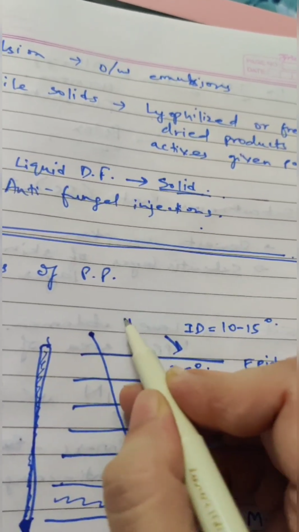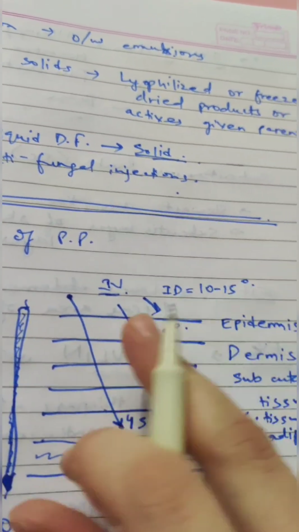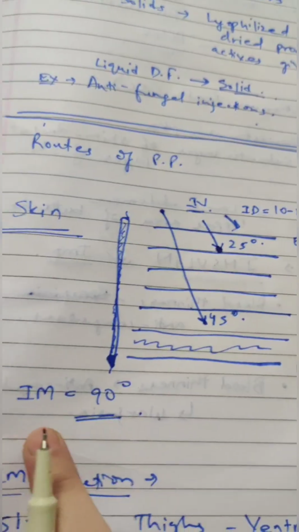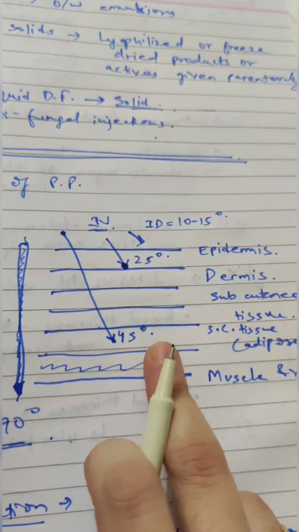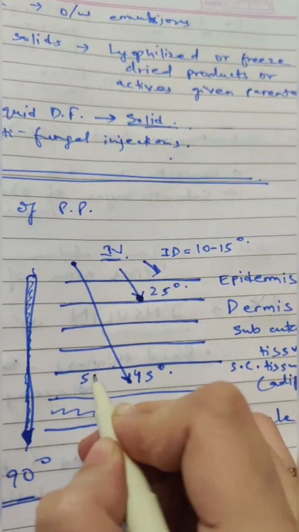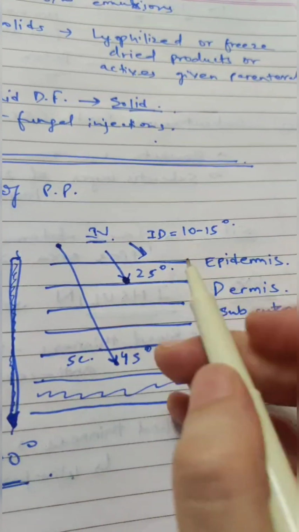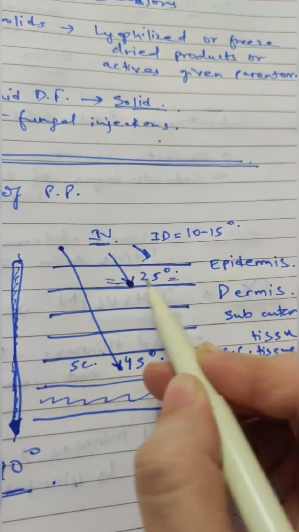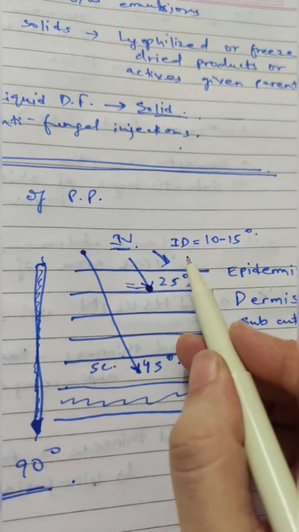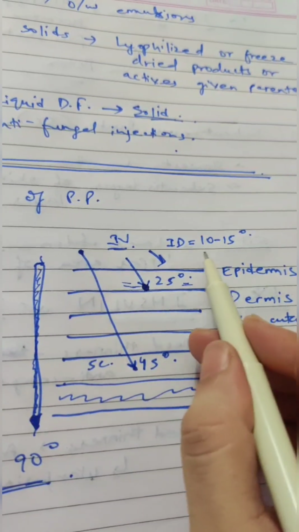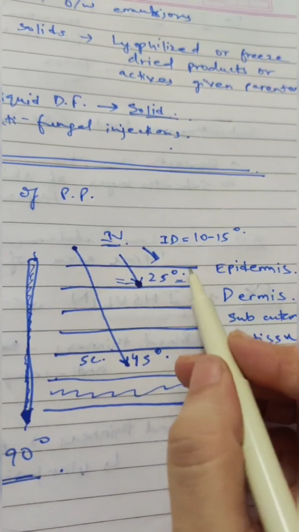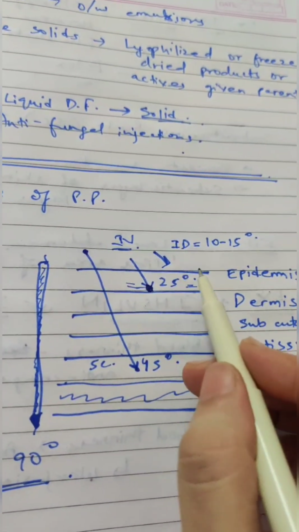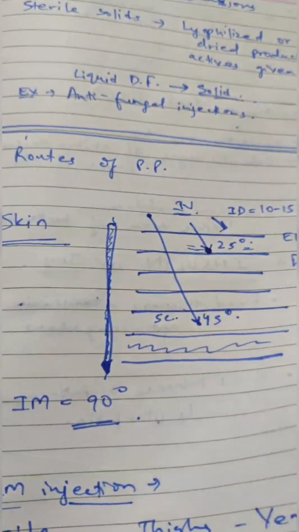Okay, so intramuscular 90 degree, subcutaneous 45 degree, intravenous somewhere here are the veins, that is 25 degree, and intradermal 10 to 15 degree here, just here in the dermis, epidermis.